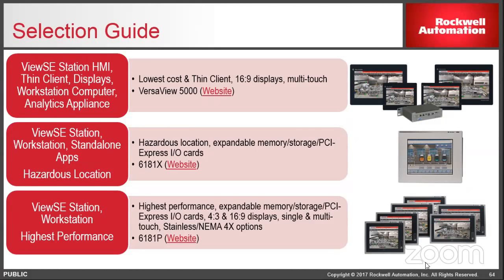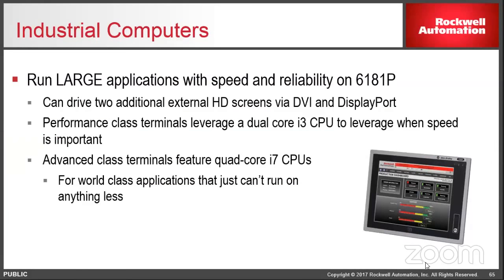And at the bottom there is our flagship model, the highest performance Core i3, i7 products, where you can expand the RAM, storage, add in I/O cards, in a bunch of different sizes. That's the product that's been on the market for a while, so I'm not going to cover too much about it because it's not the newest thing, but I want to position what runs on these. So I'll skip through there.